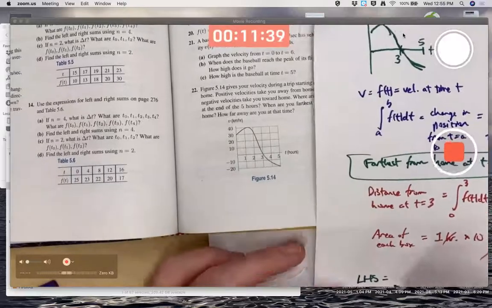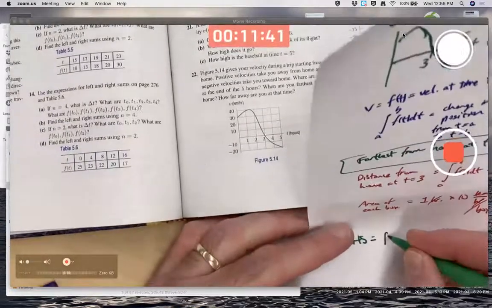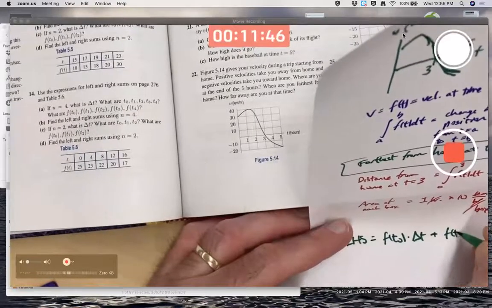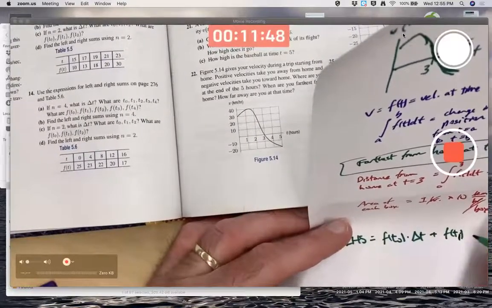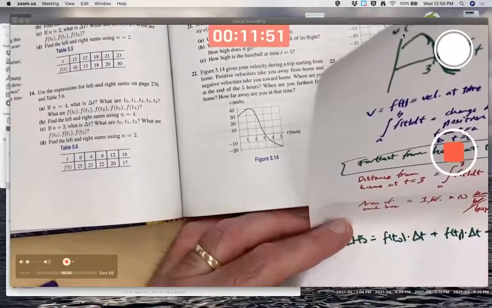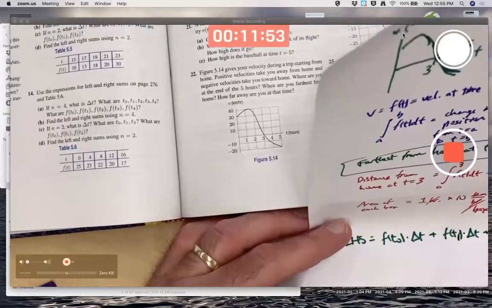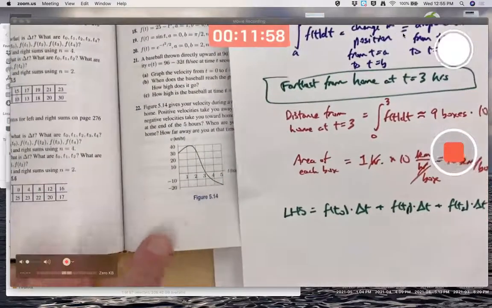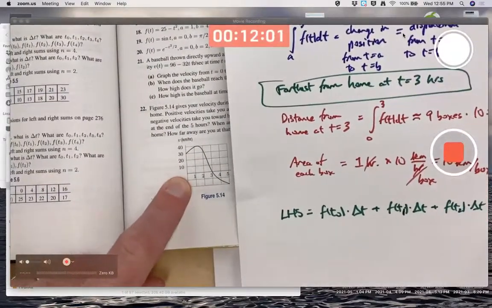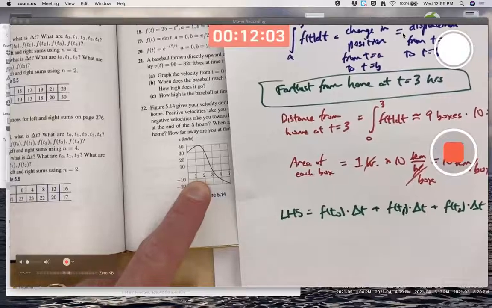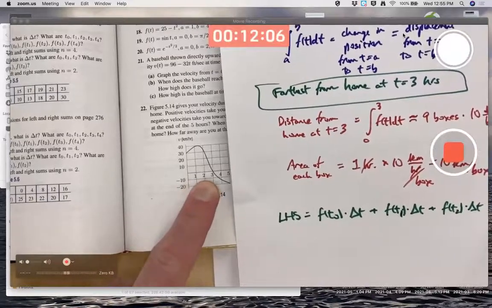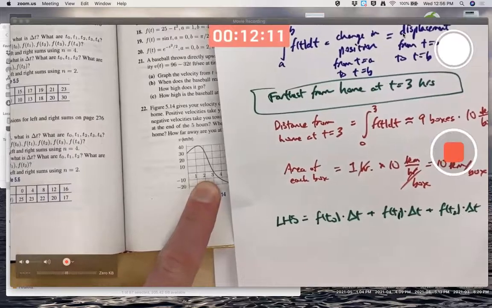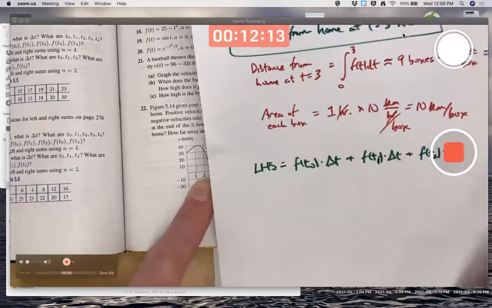A left-hand sum would take f of t0 times delta t plus f of t1 times delta t plus f of t2 times delta t, where t0 would be 0, the left endpoint of the first interval, t1 would be 1, the left endpoint of the second interval, t2 would be 2, the left endpoint of the third subinterval. And again, delta t in each case would be 1.